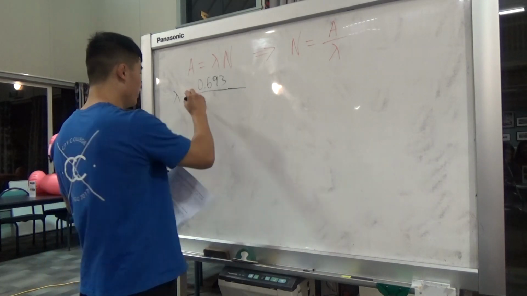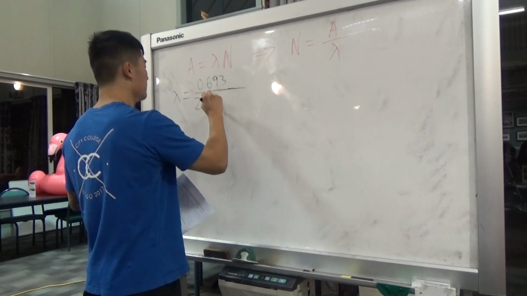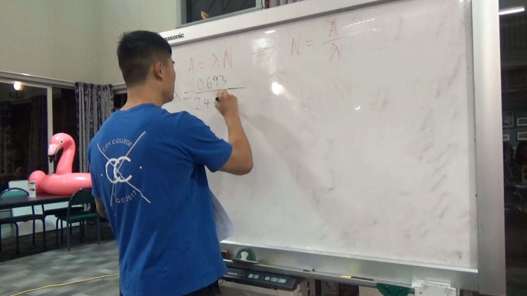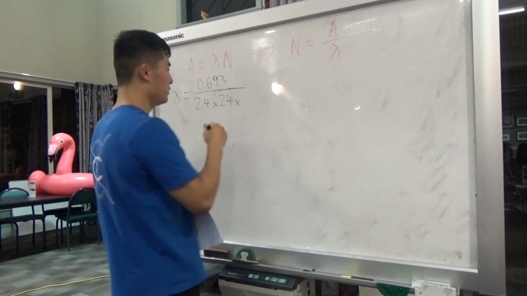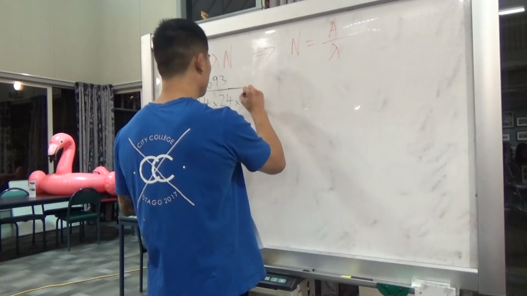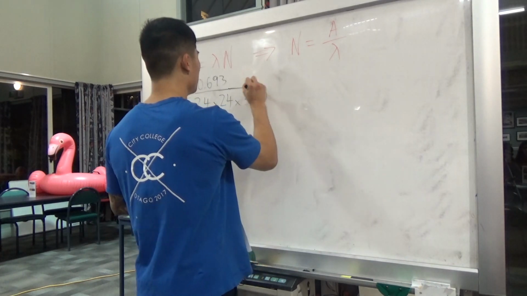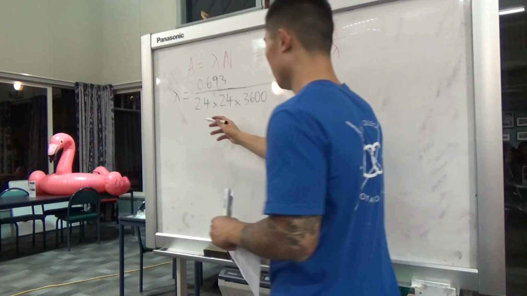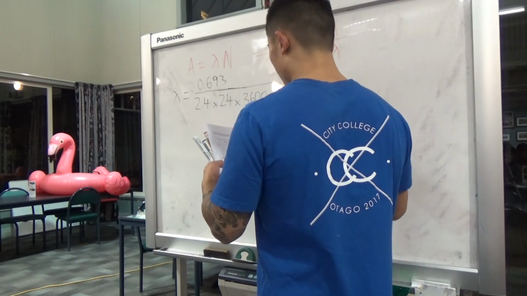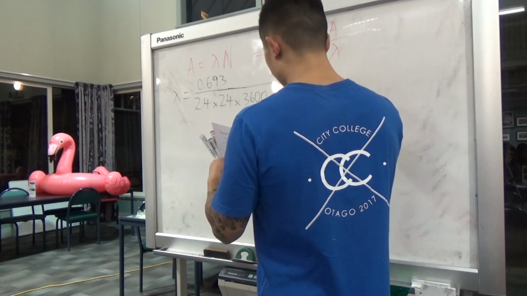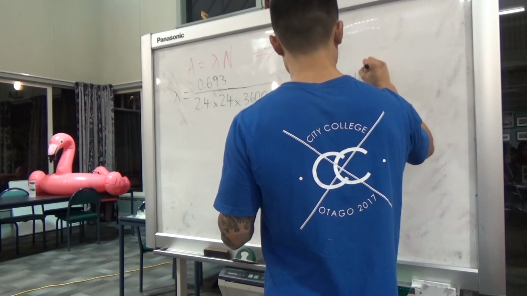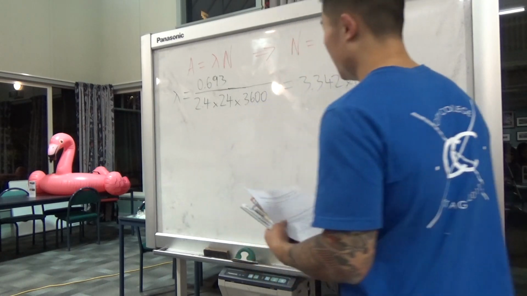So that's 2.4 days, so 2.4 times the number of hours in a day, which is 24, times the number of seconds in 1 hour, which is 3,600. So that's 2.4 times 24 times 3,600, and that will give you 3.342 times 10 to the negative 6. So that's your decay constant.